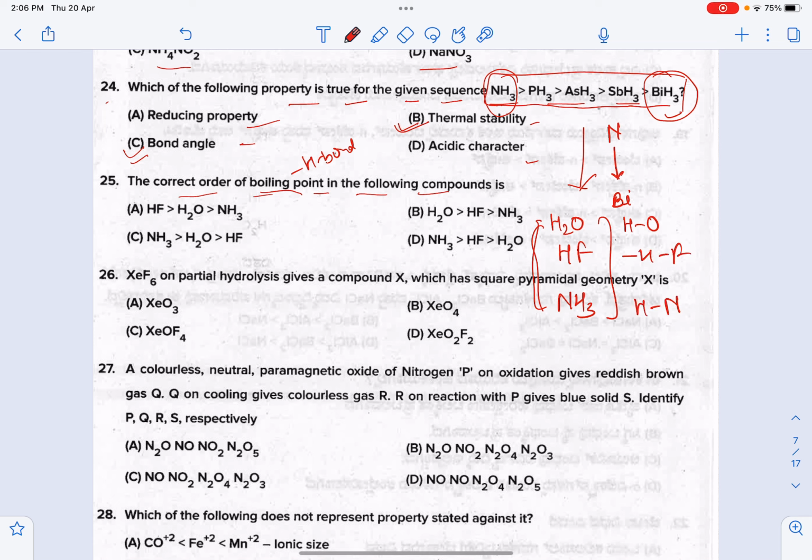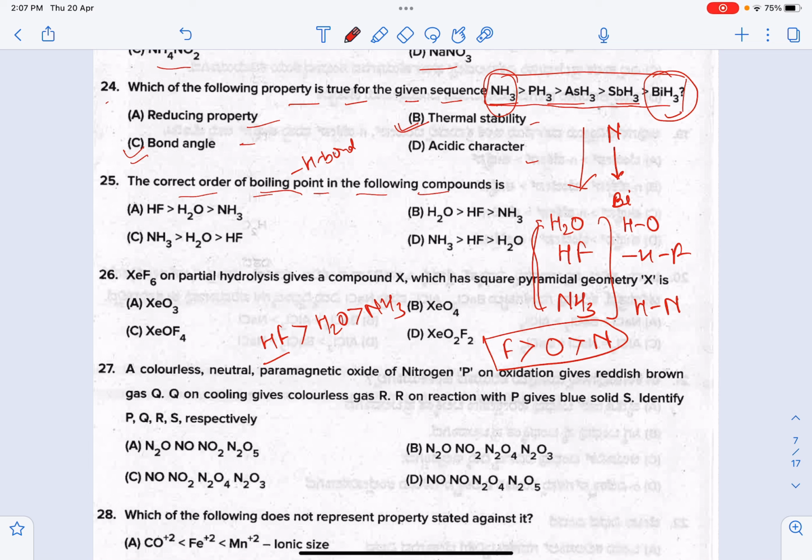Fluorine is the most electronegative atom, then oxygen, then nitrogen. So the order should be that hydrogen bonding in HF will be more, then H2O, and then NH3.